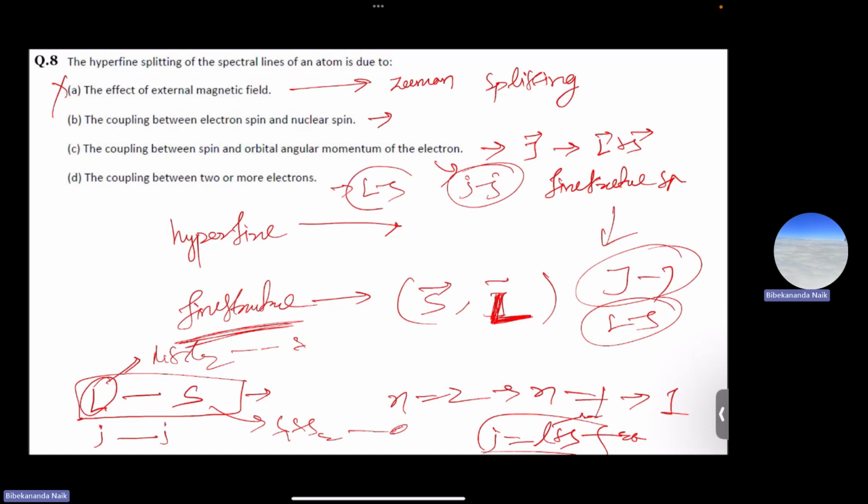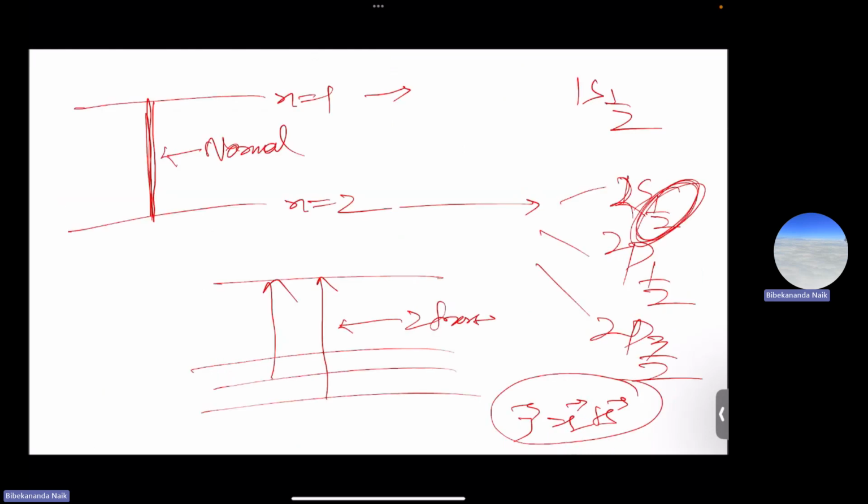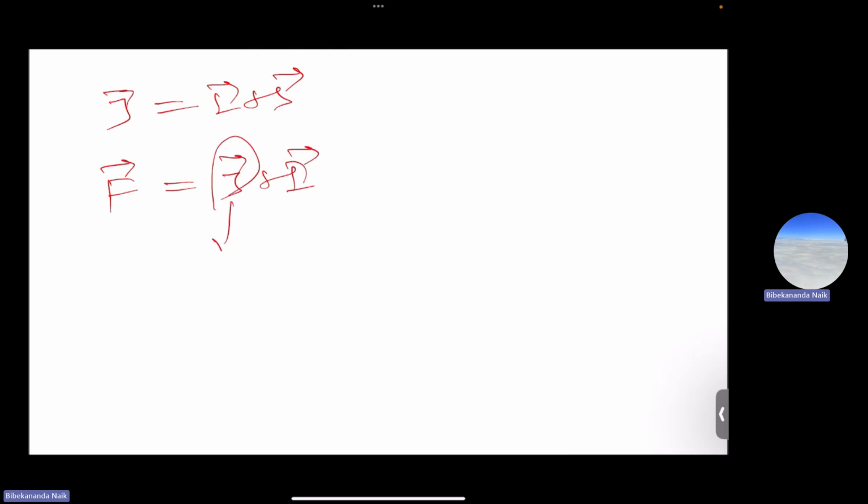Now, the correct option is option B, the coupling between electron spin and nuclear spin. There, we have J equal to L vector plus S vector, but in case of hyperfine splitting, the F vector is equal to the J vector plus the I vector. This J vector is the electron angular momentum and the I vector is the nuclear spin.